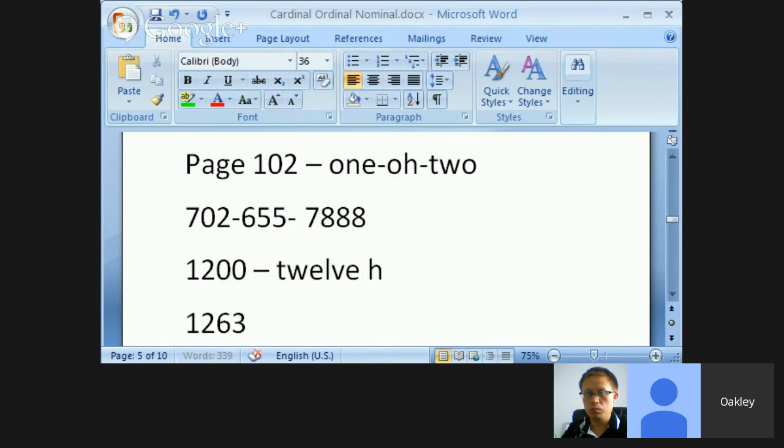It would be very, very normal for English speakers to express this as 1,200. Extremely normal. I think most English speakers would say this instead of saying 1,200.